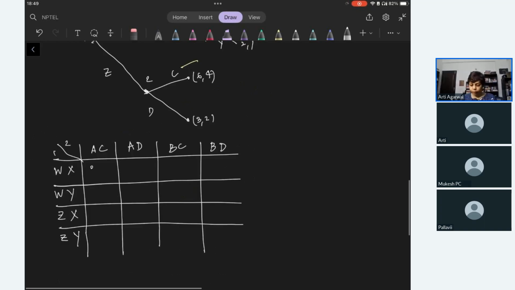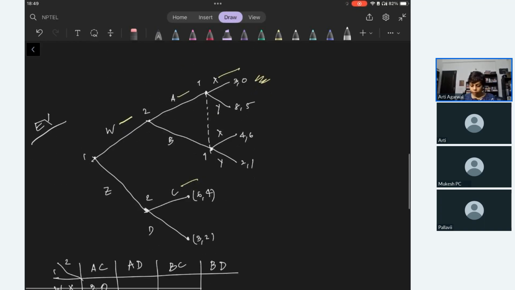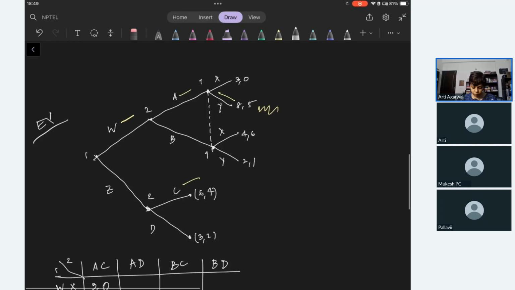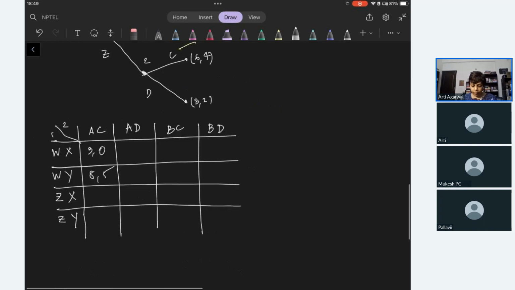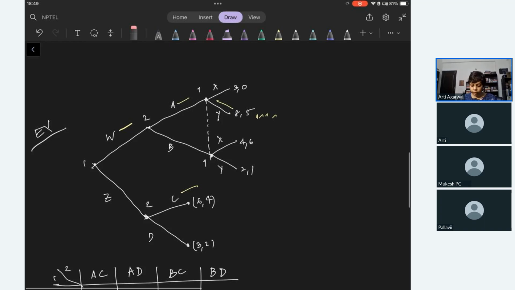And if we're following W and then Y instead of X, we end up here, right? So this is the payoff 8, 5. This is important, even more so in these types of games, because player 1 in this particular case does not know where he is.